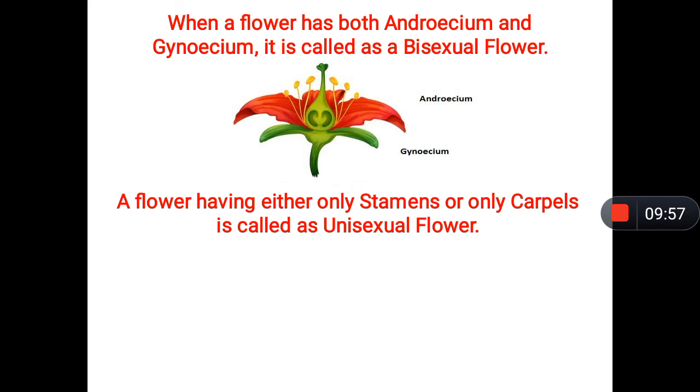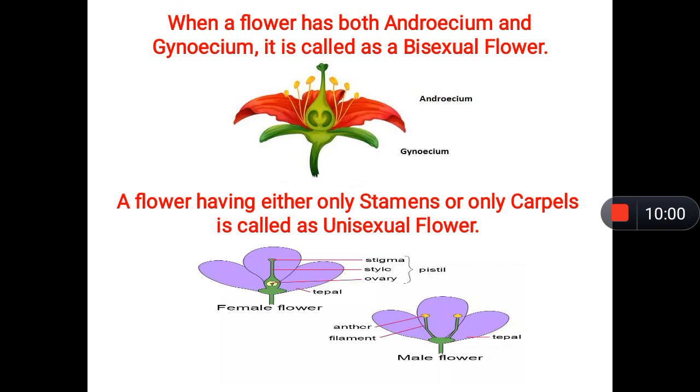Here we can see two different flowers. The left side flower shows the presence of only gynoecium. Androecium is absent. That flower is called a female flower because it contains gynoecium only, and it is unisexual.